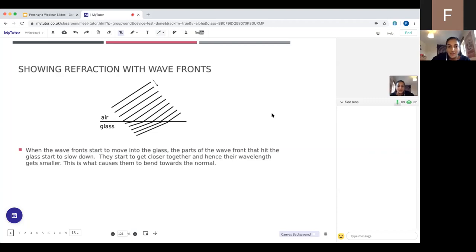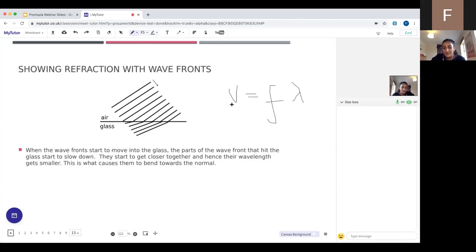and if you take our equation v equals f lambda, we have the wave slowing down because it's in a denser material. If the wave slows down, what needs to happen to the wavelength? For the same frequency, the wavelength must get smaller.